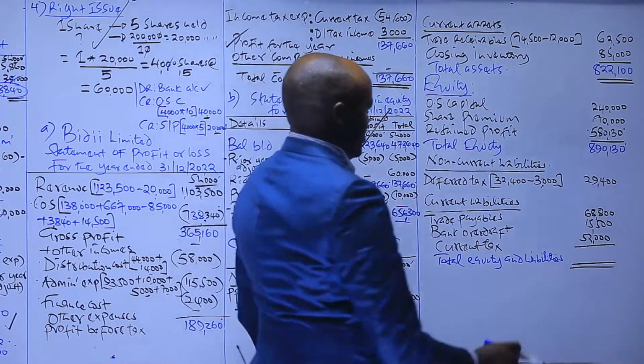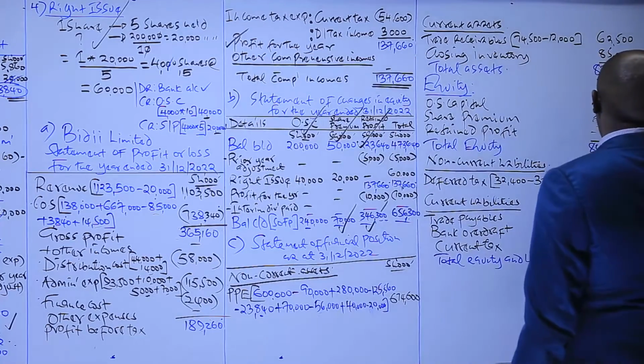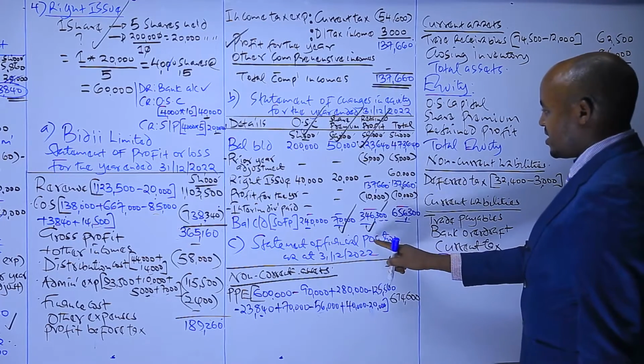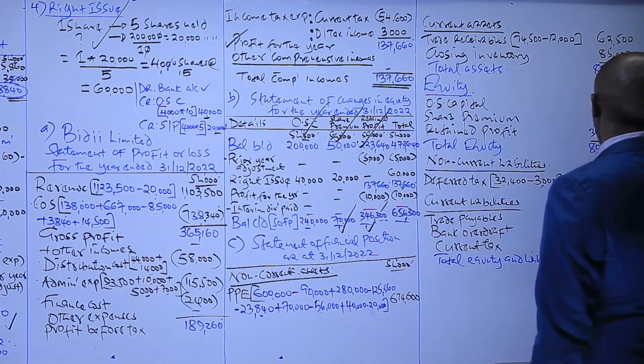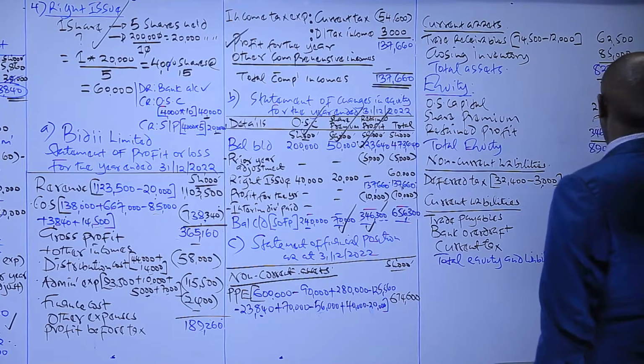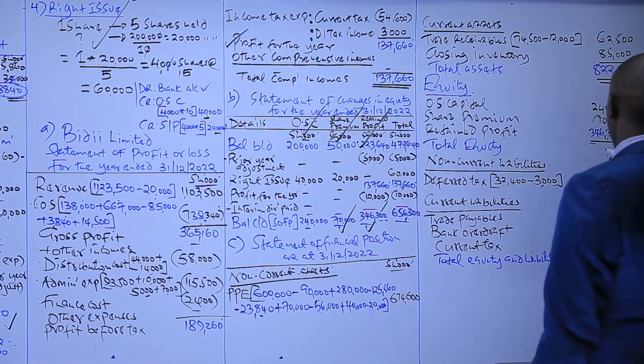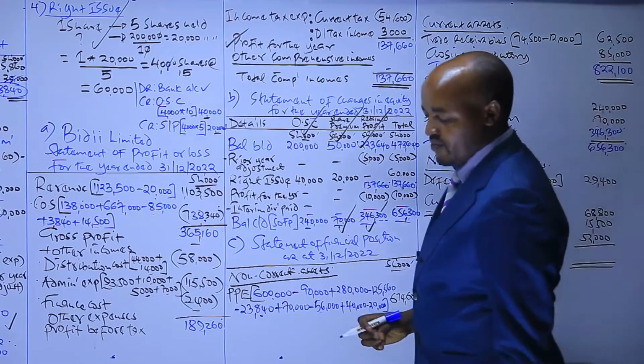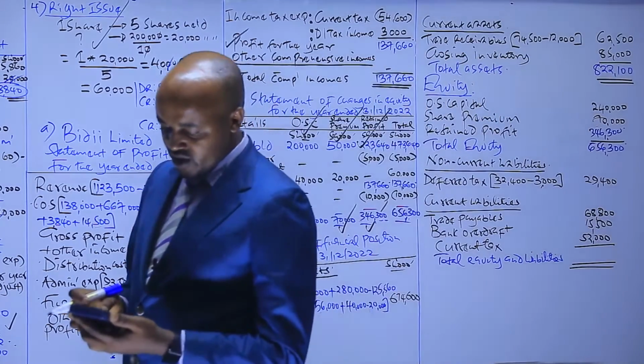So therefore here we equally need to change this figure here. The retained earnings at the end, the correct figure is what? 346,300, and the total equity as per our statement of changes in equity is 656,300. I think now we can get now our total equity and what?